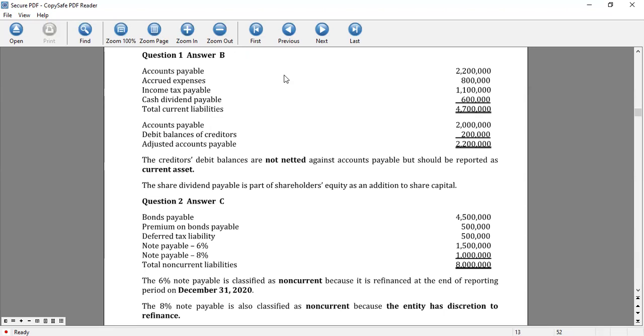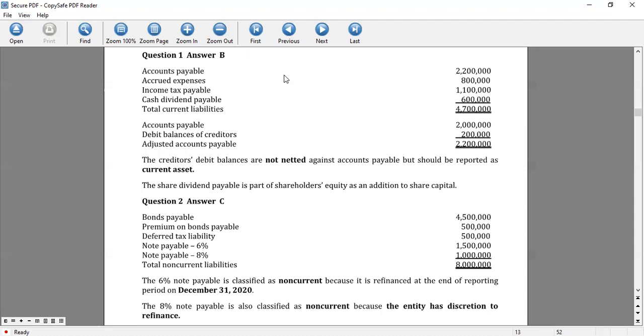So we have the accounts payable of 2.2 million, followed by accrued expenses of 800,000, income tax payable of 1.1 million, and cash dividends payable of 600,000, for total current liabilities of 4.7 million.